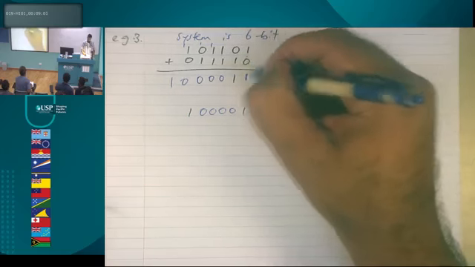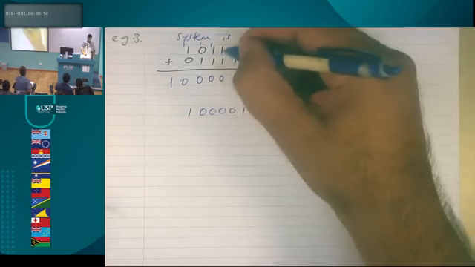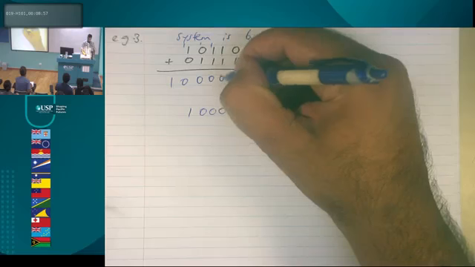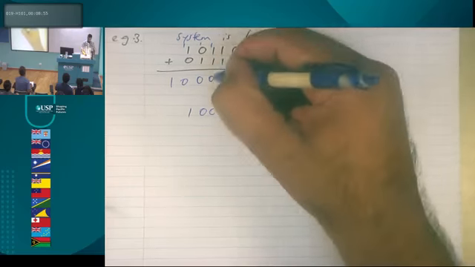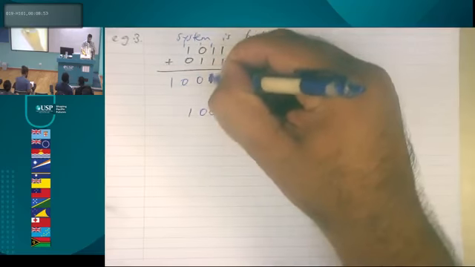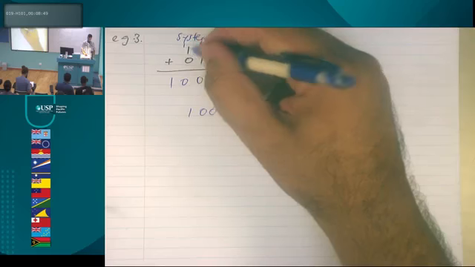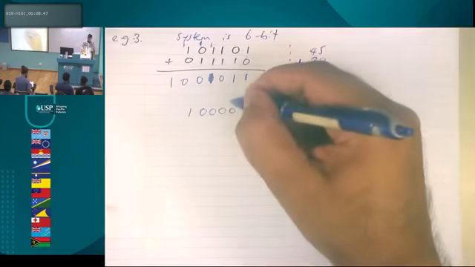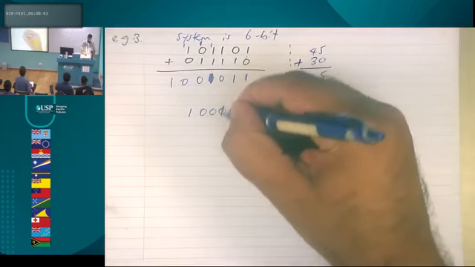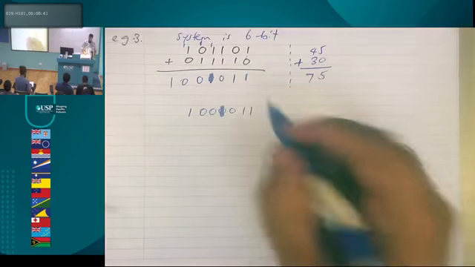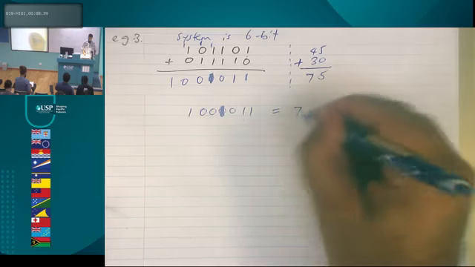Okay, 1 plus 0 is 1, 0 plus 1 is 1, 1 plus 1 is 1, 0, put a 0, carry 1. Oh, there should be a 1 over here. Right, that's correct. So where is the 1? Okay, is that correct now? Yes. Okay, so 75.